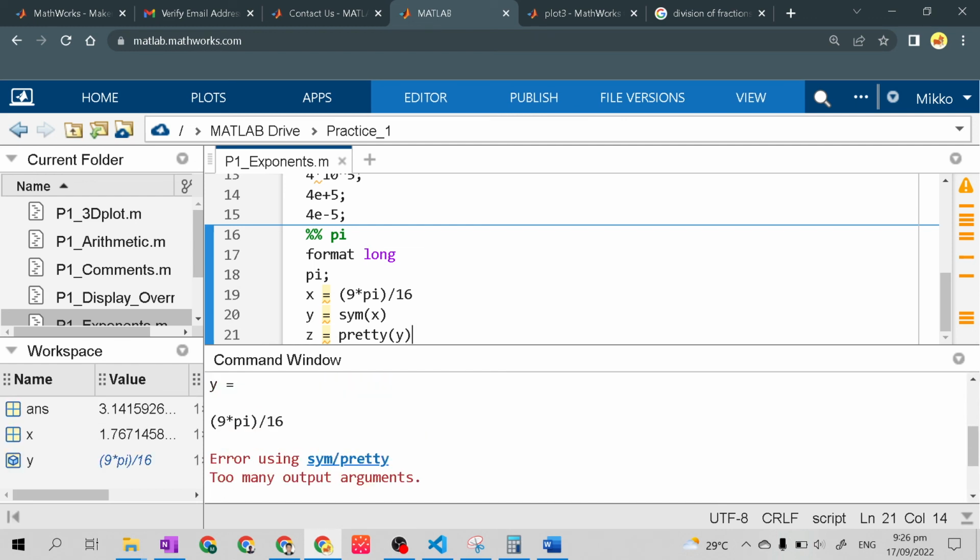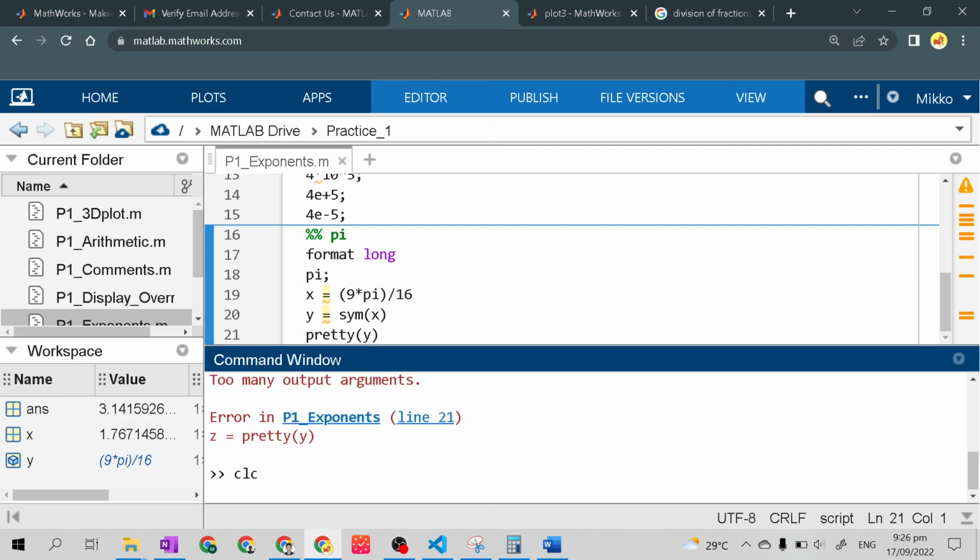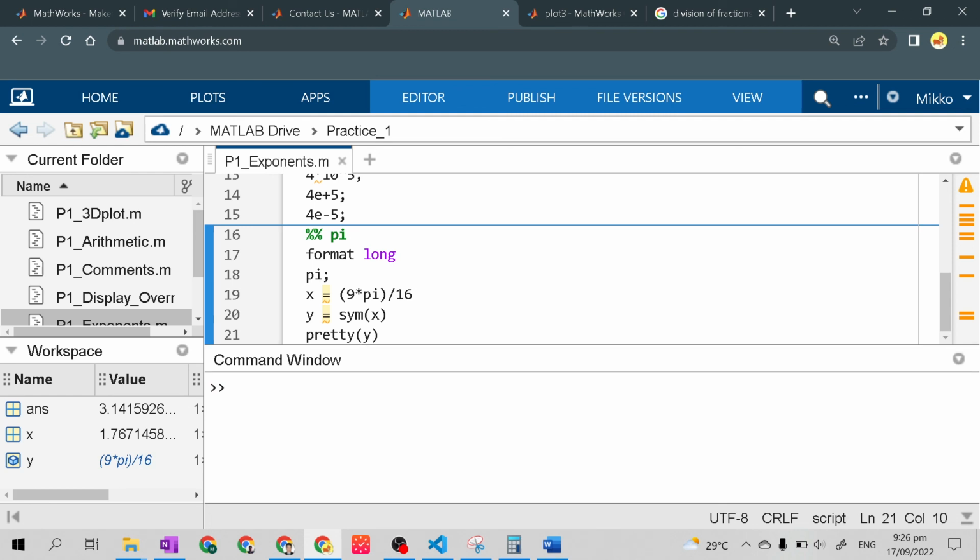Oh, pretty is not really right. Let's try to remove pretty. Okay, F5. Okay, pretty is now good. Pretty doesn't want a variable. That's the problem. Now the 9 pi over 16 is already pretty.